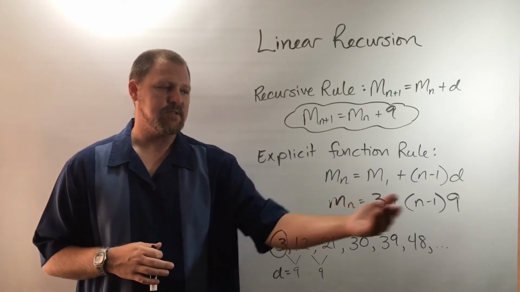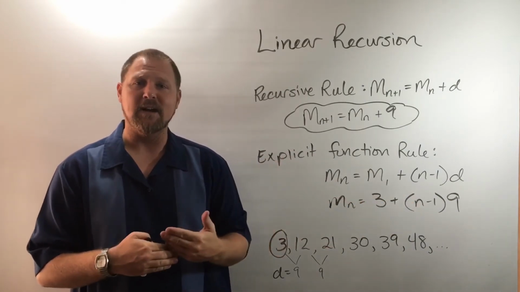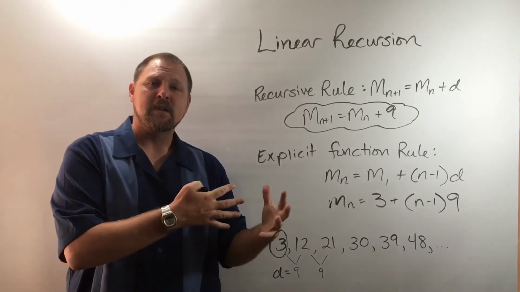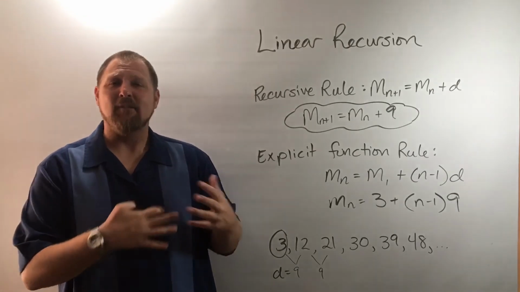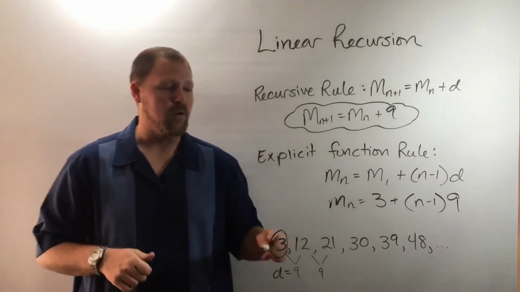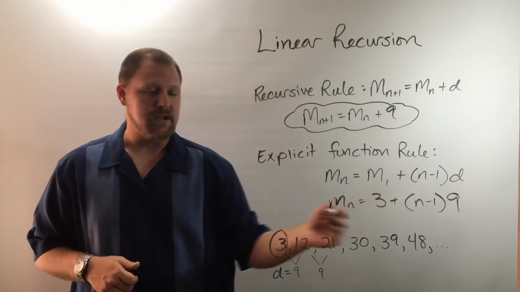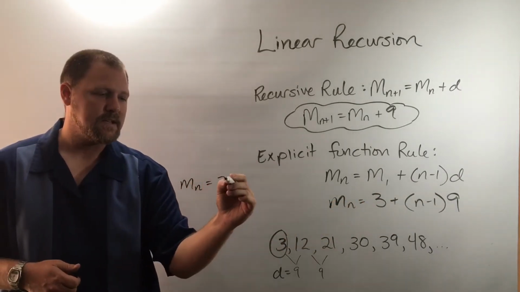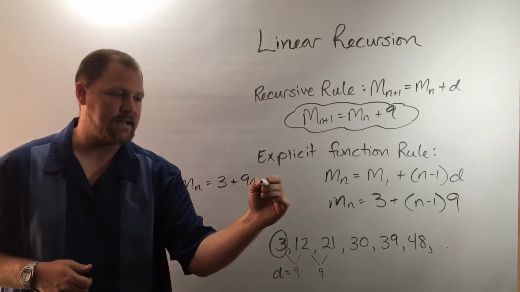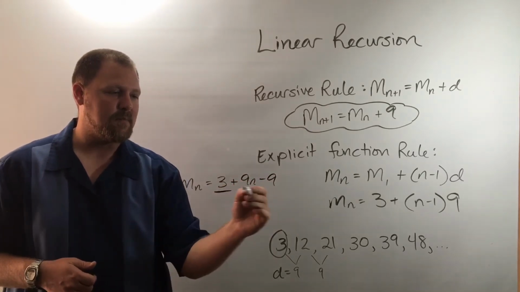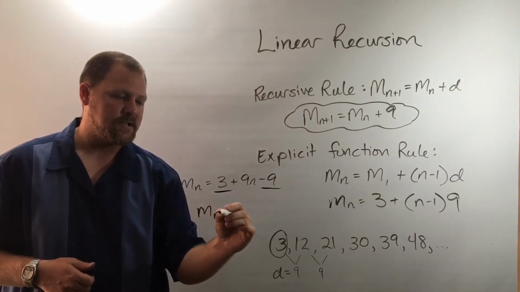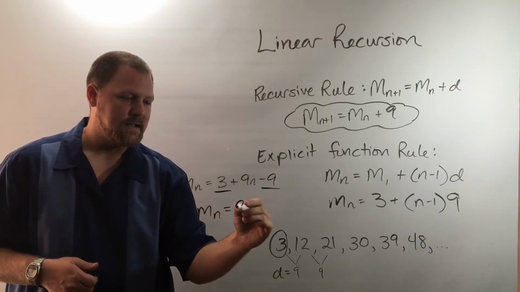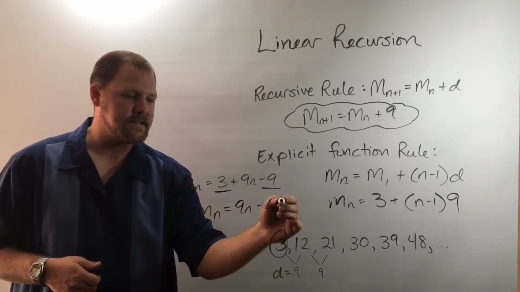In this explicit function rule, we can simplify and combine like terms and have a little bit different rule to show for it. First we would distribute the 9, and then we would get m sub n equals 3 plus 9n minus 9, and then combining your like terms, your explicit function rule now looks like 9n minus 6.